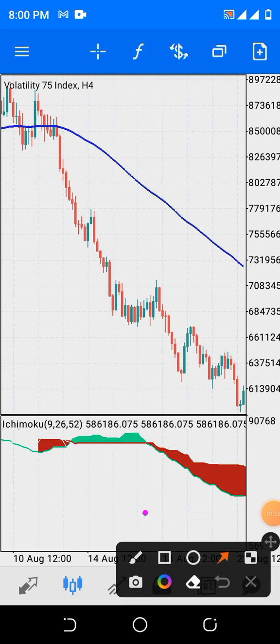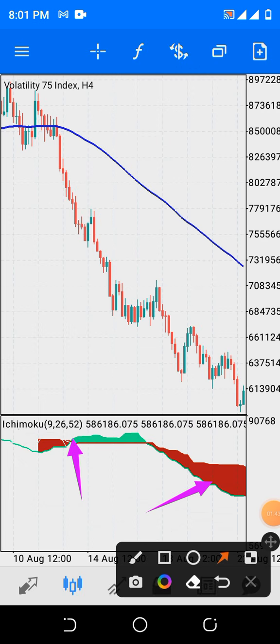This indicator is called Ichimoku. Once the color turns red, that is a sell entry. Once the color turns green, that is a buy entry.